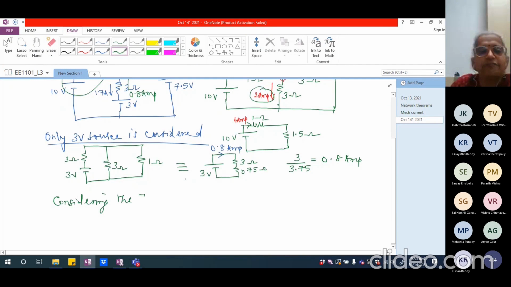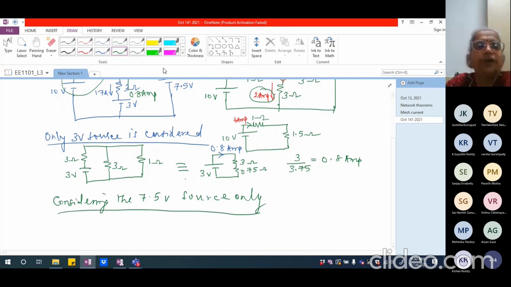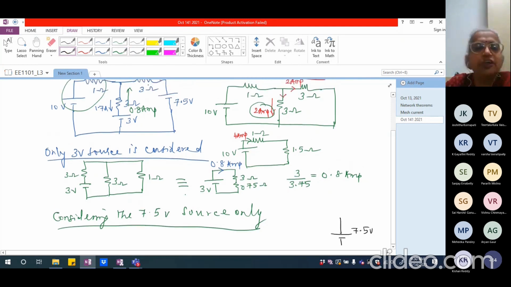This 7.5 volt source is here, and along with that, this is 3 ohm, this is 3 ohm, and the next one is 1 ohm.